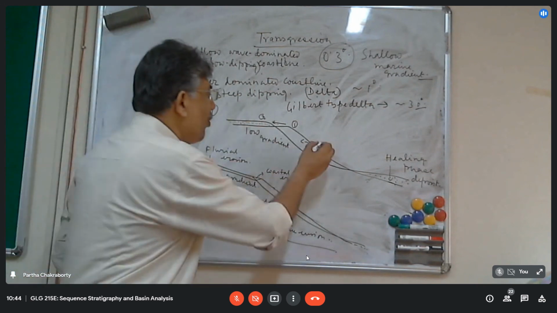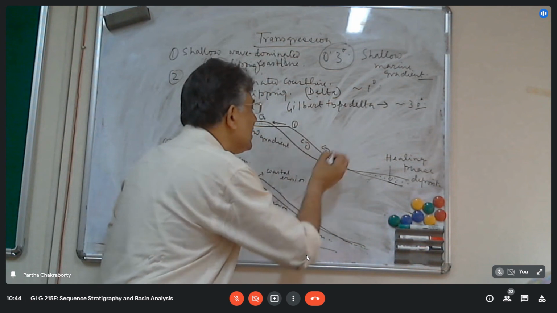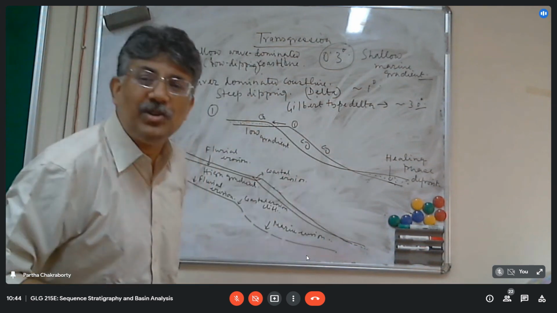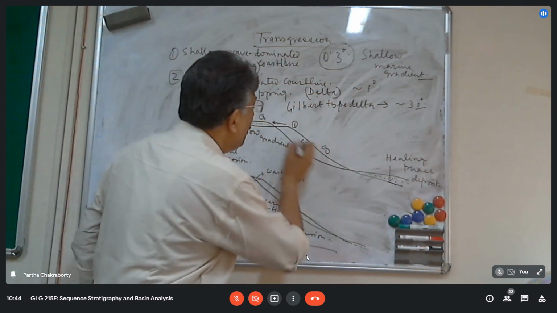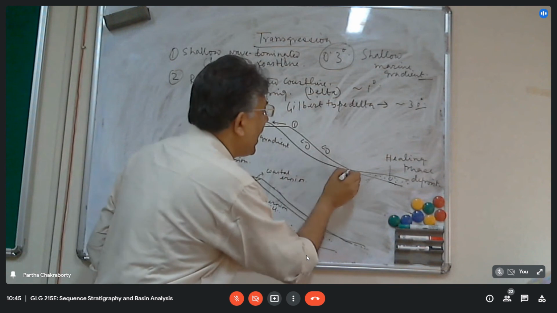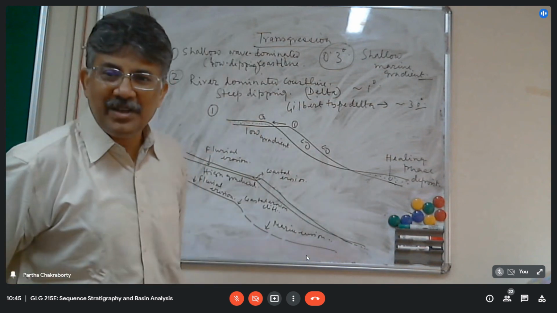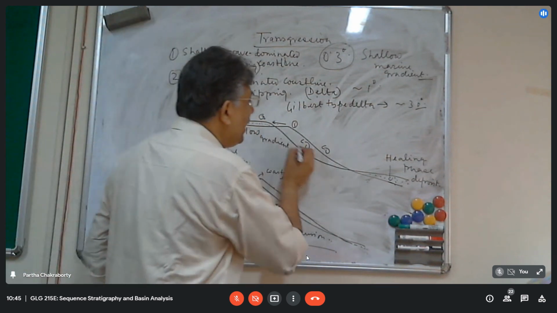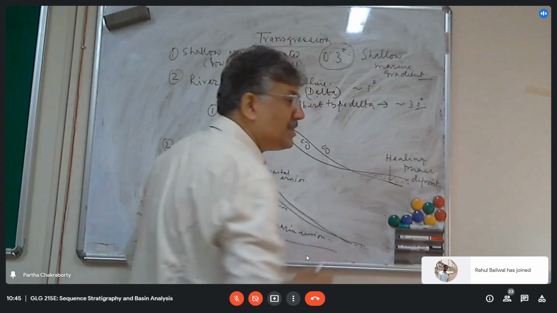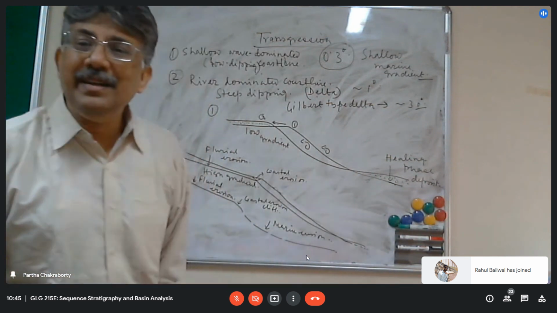Now again the wave will try to establish its equilibrium. So what will it do? It will try to erode, and the eroded material will be deposited in the lower intertidal part.